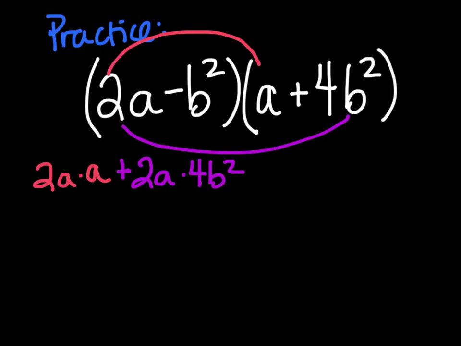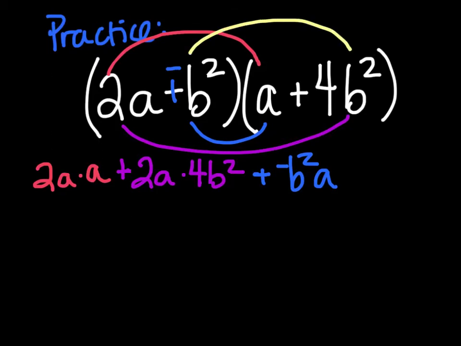For our inside terms, I'm going to rewrite this as plus a negative b squared times a. And our last terms that we're going to be multiplying are plus a negative b squared times 4b squared.